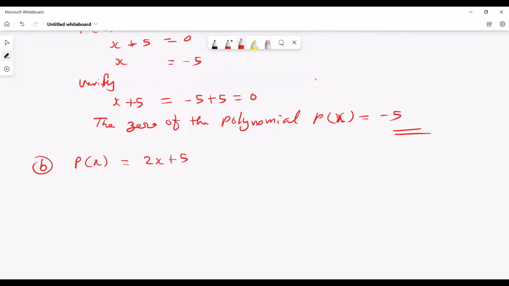Here also we can equate this to 0, and then we can easily find the zero. Let us equate 2x plus 5 equal to 0. It means that 2x equal to minus 5. So x equal to minus 5 by 2. So the zero of this polynomial is minus 5 by 2.